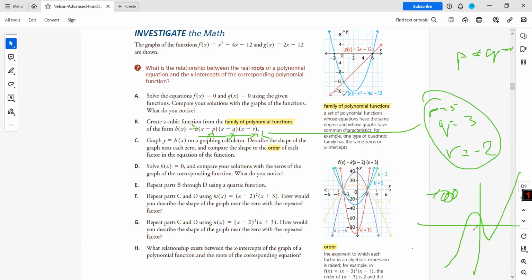Something like this. You see, I have 3 x-intercepts in the red color. And this graph would be extremely steep at every possible moment, because the leading coefficient A would be a big number.